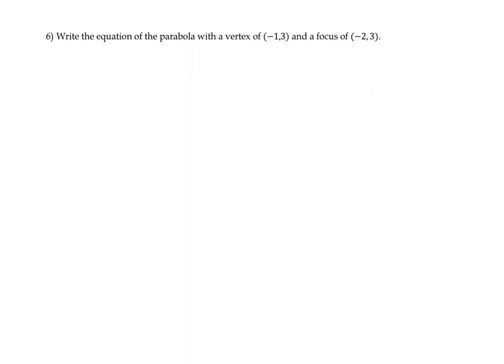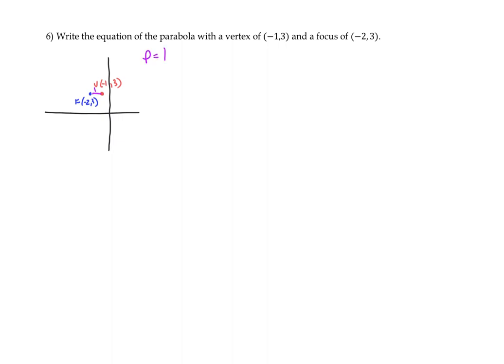Okay, here's another, write the equation. I've got a vertex at negative 1, 3, so that's about here. This is the vertex at negative 1, 3. Then my focus is at negative 2, 3. I know that that distance right here is 1, so my P is a 1.